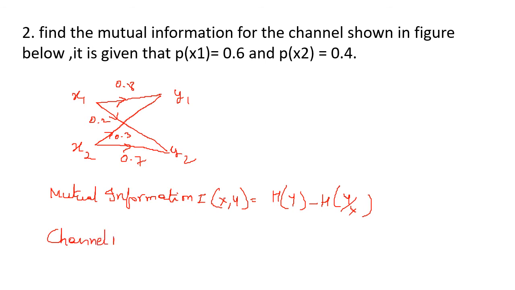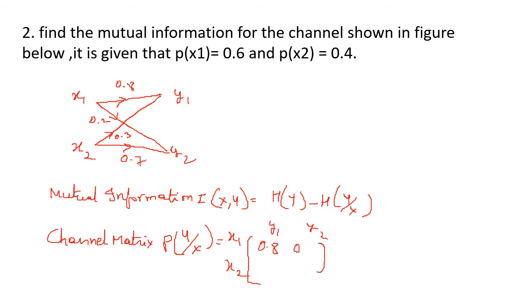So the channel matrix is equal to P(Y/X), with rows x1, x2 and columns y1, y2. So we'll write the matrix: y1 by x1 is 0.8, y2 by x1 is 0.2, y1 by x2 is 0.3 and y2 by x2 is 0.7. So this is the channel matrix for the given channel diagram.